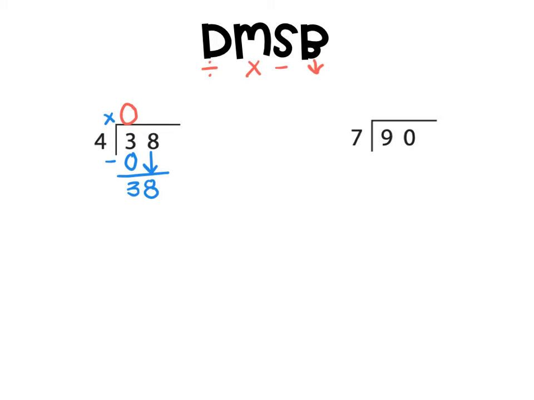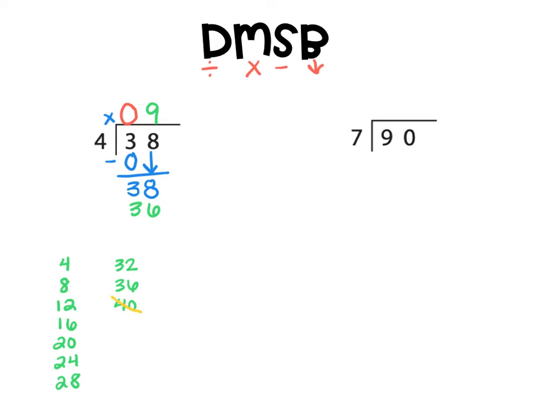Well, I know that 4 goes into 38 9 times, because 4 times 9 is 36. When I do that, I can look at the multiples of 4. 4 times 1 is 4, times 2 is 8, times 3 is 12, times 4 is 16, times 5 is 20, times 6 is 24, times 7 is 28, times 8 is 32, times 9 is 36, and times 10 is 40.